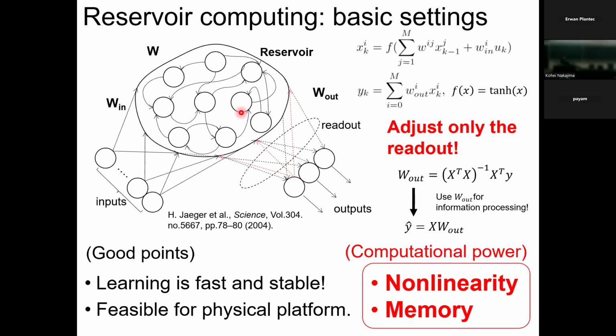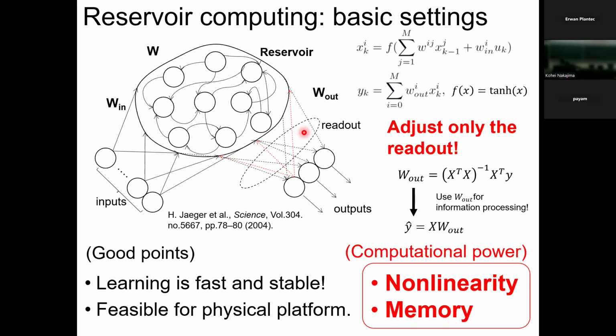This part is called the reservoir, and it forms a high-dimensional nonlinear dynamical system. Of course, there are lots of variations recently, but usually we don't tune all these weights inside the reservoir, nor the weights coming from the input to the reservoir. We only adjust this readout part. As you can see from this system architecture, the philosophy is a bit different compared with conventional deep learning or recurrent neural network backpropagation through time methods.